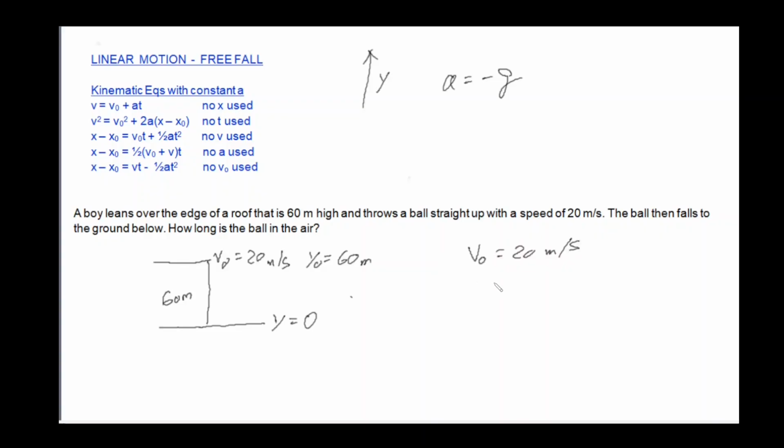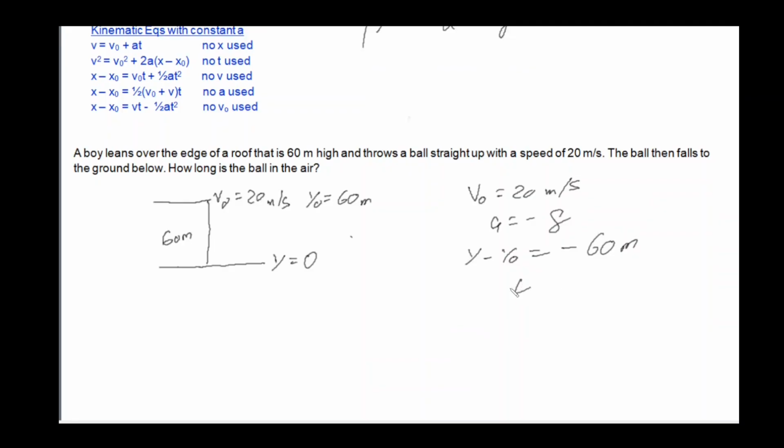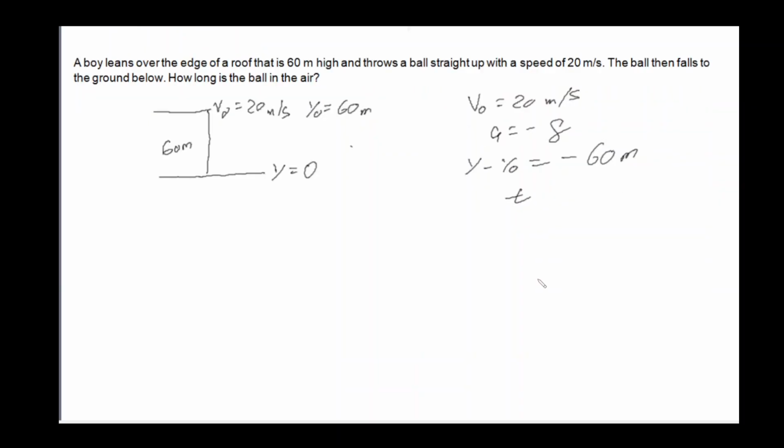We have acceleration equal to minus g, and our displacement, which is y minus y0, is equal to minus 60 meters. We want to find t, the time the ball is in the air. The equation we will use is y minus y0 equals v0t plus 1/2 at squared.